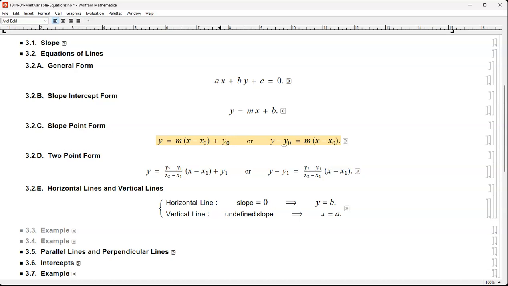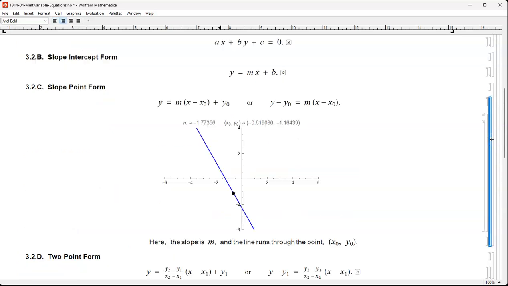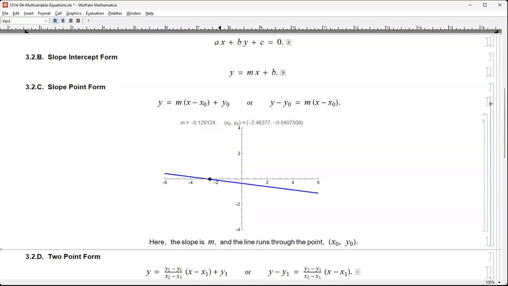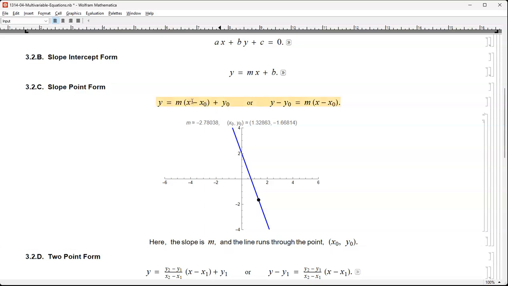Either way, it's okay. Like this, running through x0 comma y0, and the slope is negative 1.77. Let's run it again for some different m and x0, y0 values. In a special case, x0 is 0, then this one just drops out. It's the same as slope-intercept form over here.